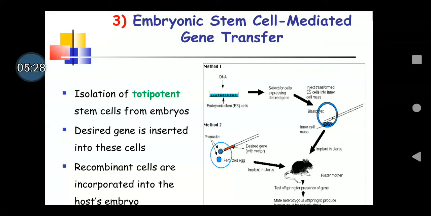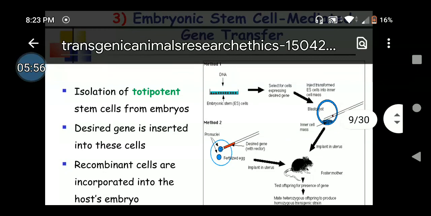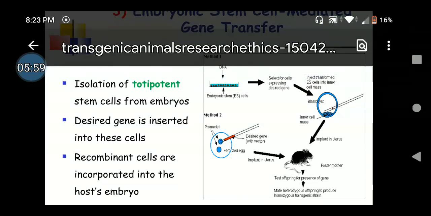Another method is that the desired gene is inserted with a vector into the fertilized egg. The pronucleus is created. It is implanted into the uterus along with the embryonic stem cells. The foster mother or surrogate mother will carry the implant, and the offspring are tested for the presence of the desired gene.